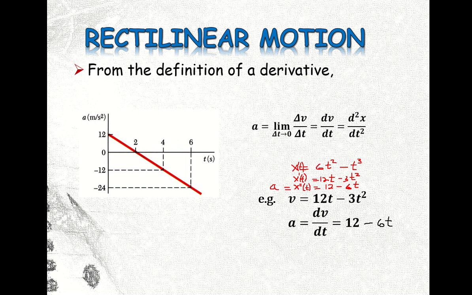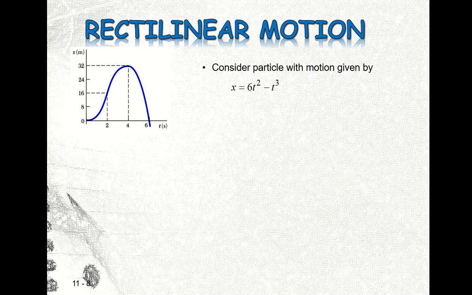Okay, so if we're going to graph it, considering the same example, we are given initially x equal to 6t squared minus t cubed. So consider a particle with motion given by this. If you graph this, this is the graph of the given function. The motion of the particle follows this kind of graph.